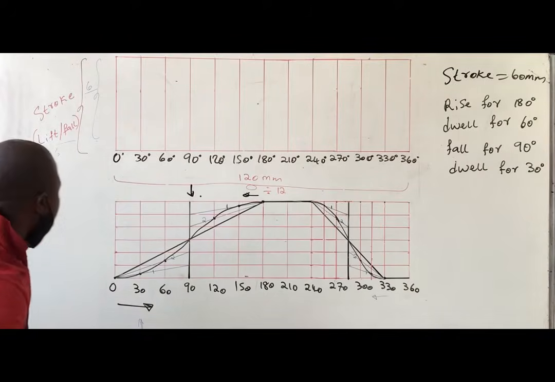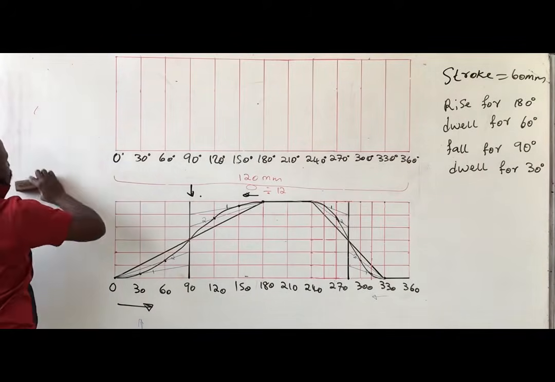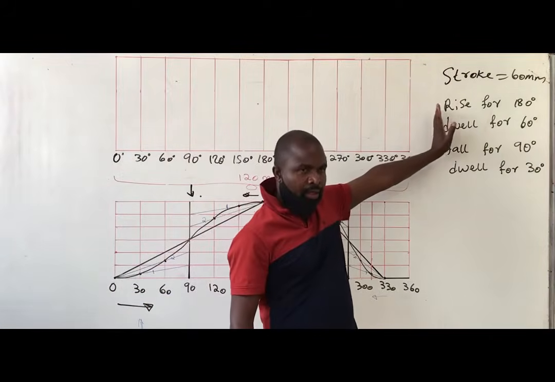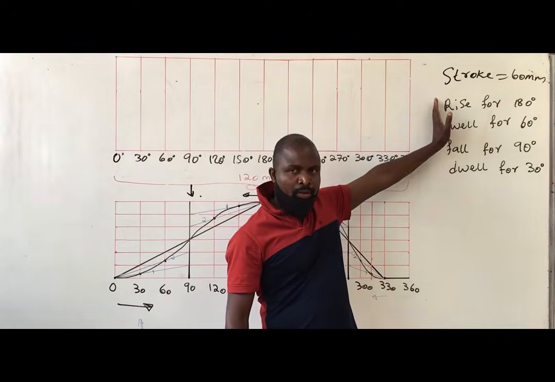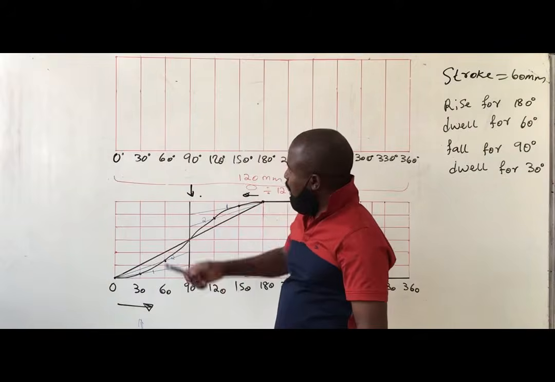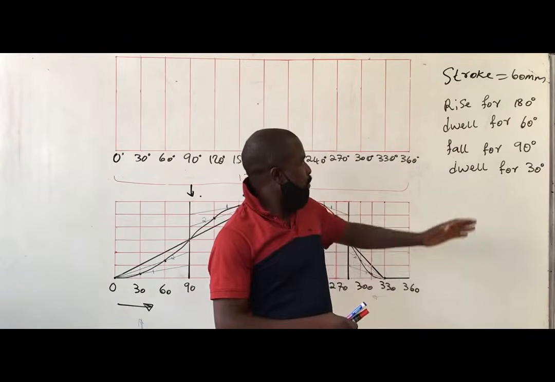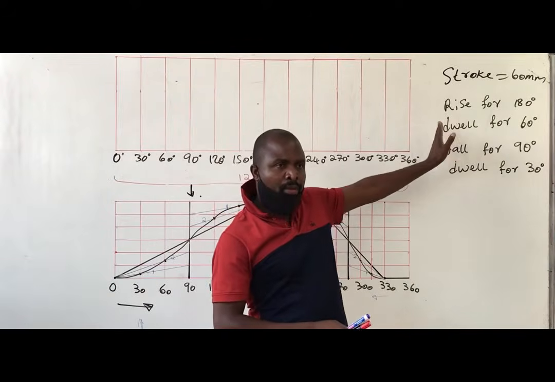So now, on this top one, we are going to draw simple harmonic motion. Using the same information, we are going to draw a simple harmonic motion. So now, quickly draw this table so that we can be able to draw a simple harmonic motion.